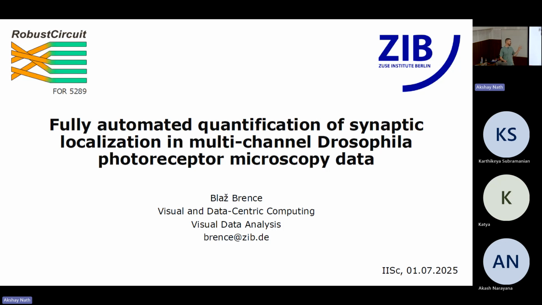It's one of the projects that I do in parallel with the others, but I think I've been working on this for 1.5, 2 years. It is titled fully automated quantification of synaptic localization in multichannel Drosophila photoreceptor microscopy data. It does sound bad when you just read it like this, but let's walk through this.